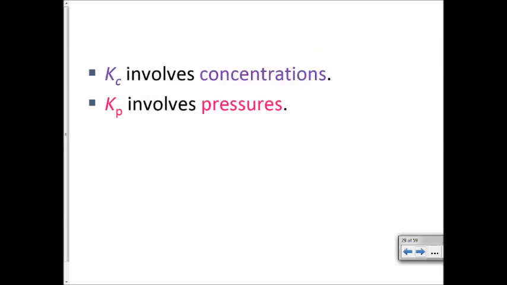Now, Kc, we talked about just a second ago, involves concentrations. Kp, because we're dealing with lots of gases here, guess what they're going to have? Pressures that you can use. So Kp is going to involve the pressures, Kc is going to involve the concentrations.